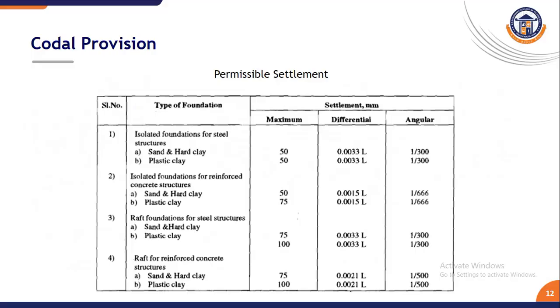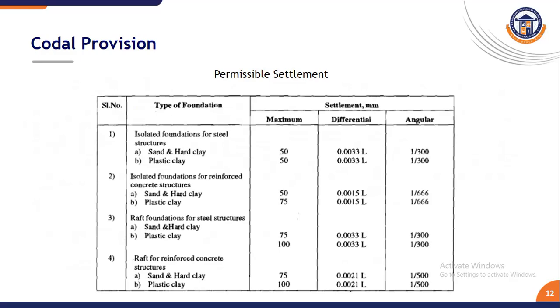Similarly, isolated foundation for reinforced concrete structure has a maximum settlement value of 50 to 75 mm, a differential settlement of 0.0015 length, and an angular value of 1 divided by 666, as per the code.